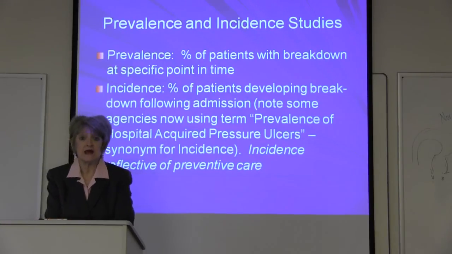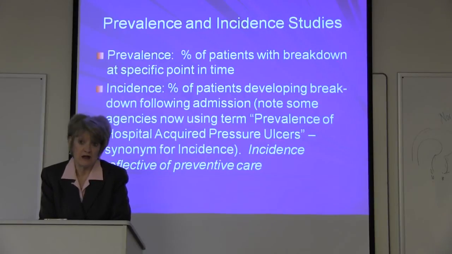Now, this is going to be something that we talk about at more than one point during the course, because for those of you who are going back to hospitals, long-term acute care facilities, long-term care facilities, one of your responsibilities will be to establish an agency-wide program for pressure ulcer prevention and to monitor the effectiveness of your prevention program.